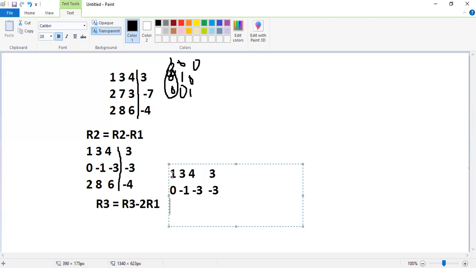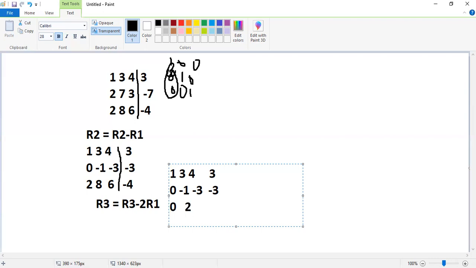So 2 minus 2 times row 1: 2 times row 1 will give us 2, and the result will give us 0. So it means you've gotten 0. And you do the rest for the other one. The next row 3 figure is 8 minus 2 times 3, which will give us what? 2.